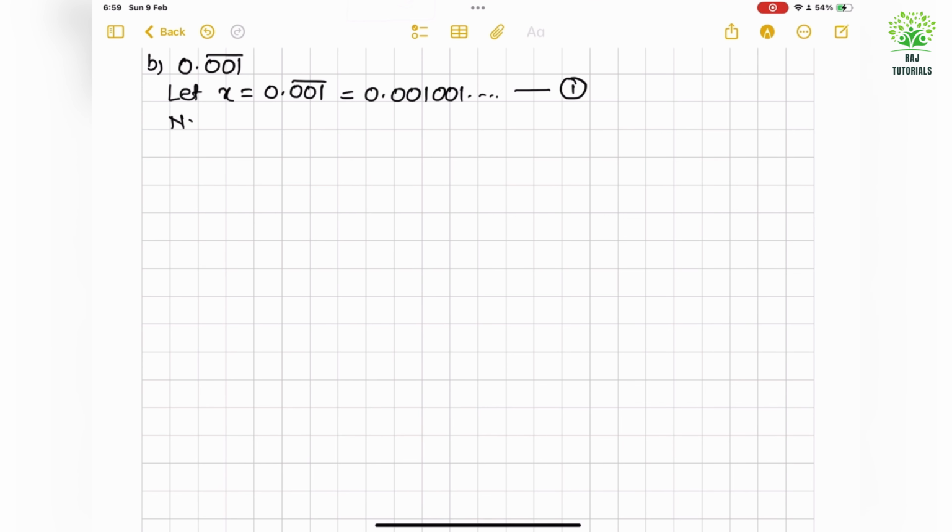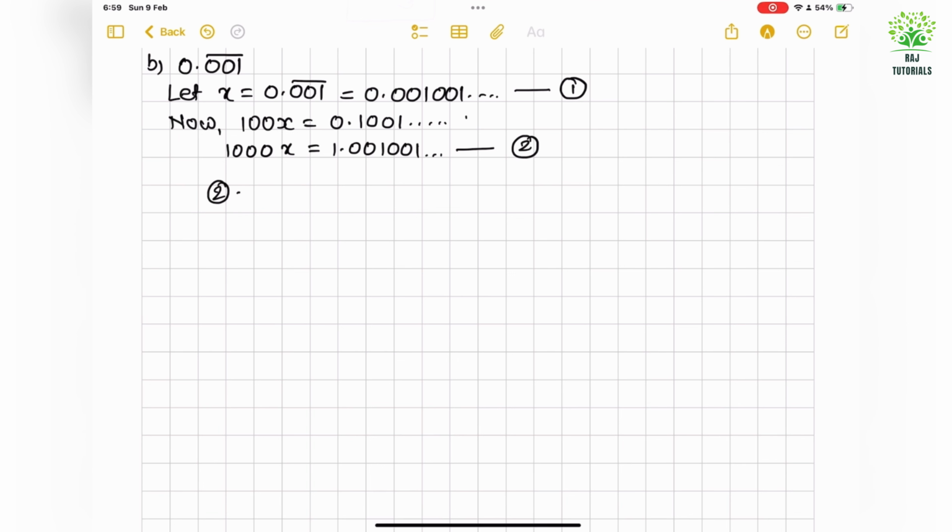Now multiplying both sides by 100, so 100x equal to 0.1001. So still I am not matching with that. So I will multiply now more with 10. So 1000x will be 1.001001. So this I will be taking as the second number.